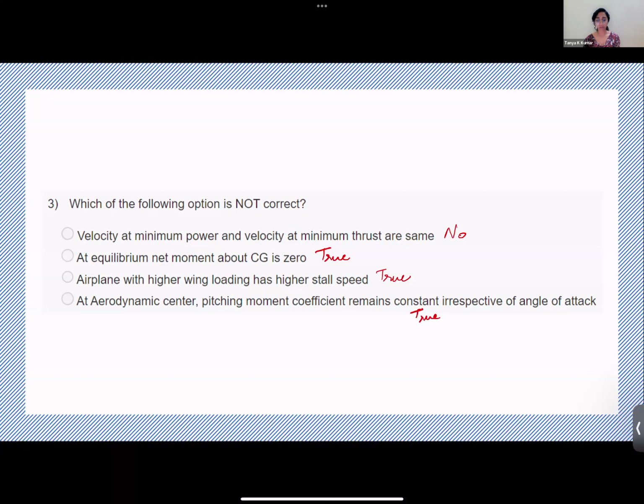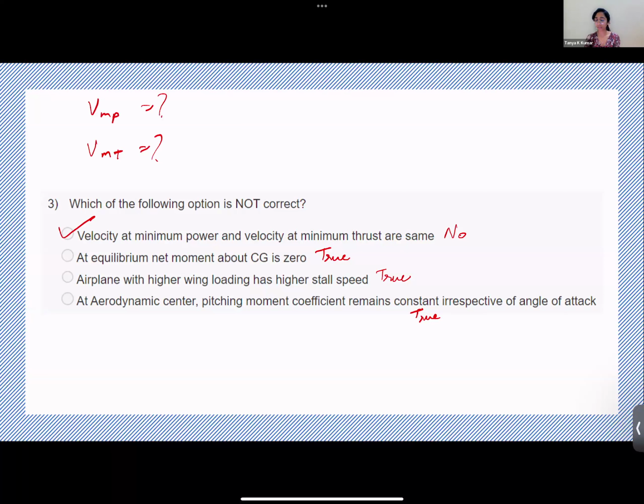So can you tell me what the velocity at minimum power and velocity at minimum thrust are? What is the equation? Velocity at minimum thrust. Can you tell me what the values are? I think we discussed this in the first two week lectures. Just quickly derive it and tell me.